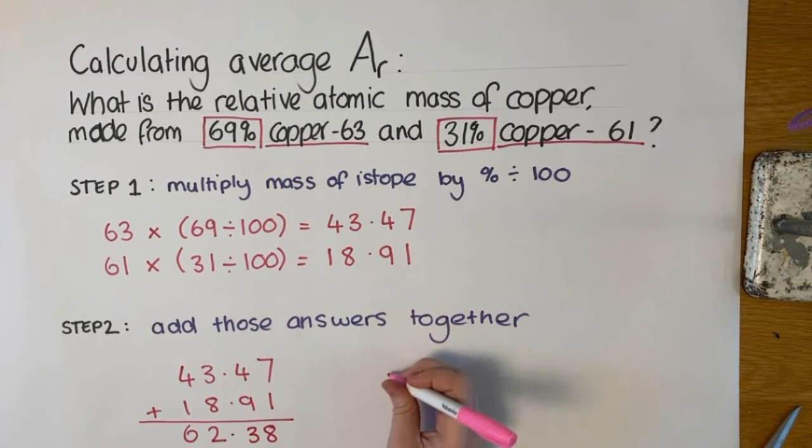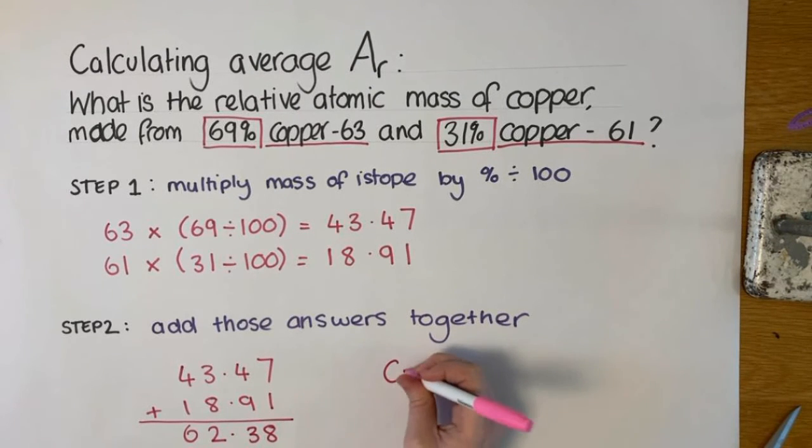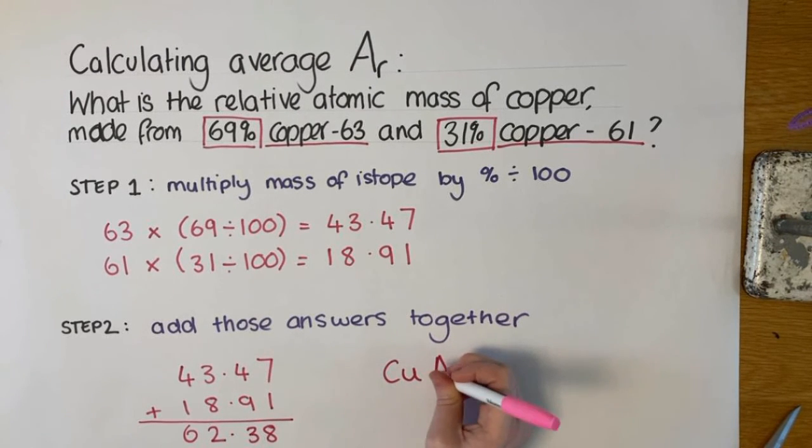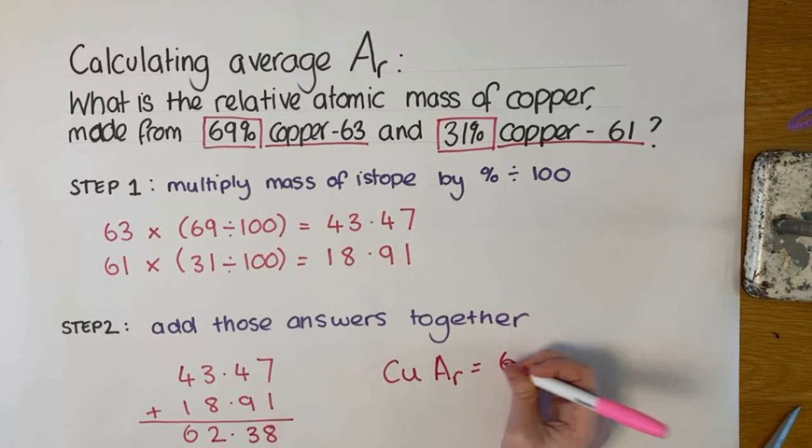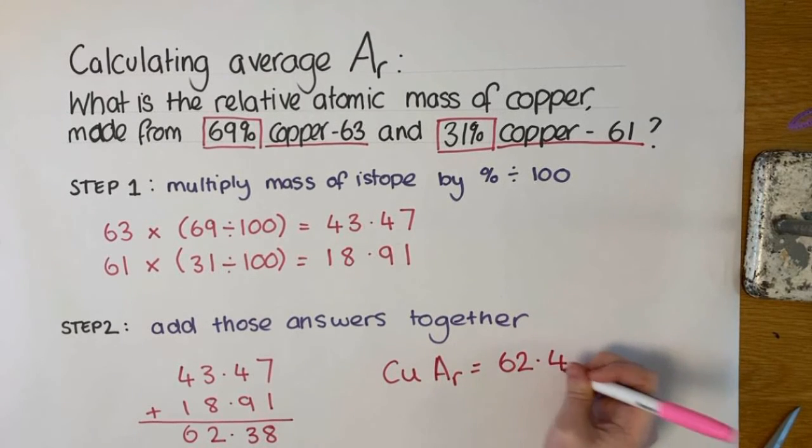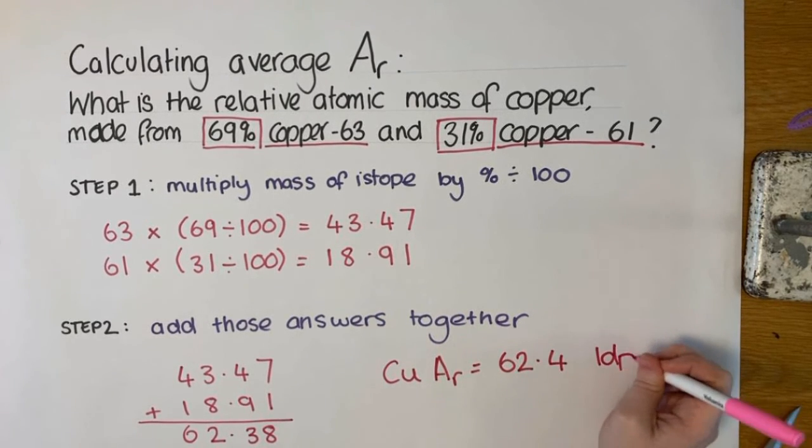If I want to round that up, that means my copper would have a relative atomic mass of 62.4 to 1 decimal place.